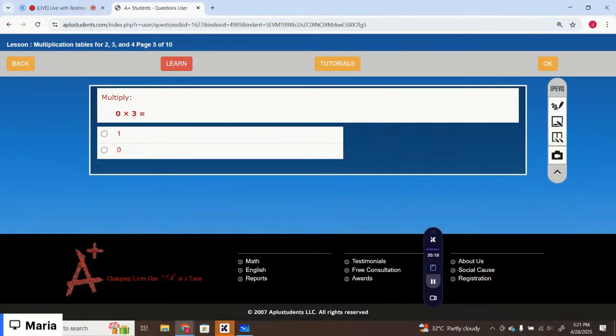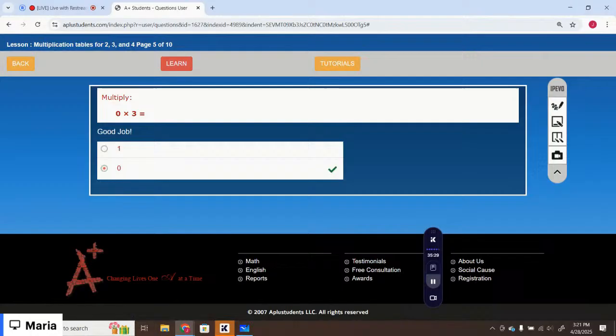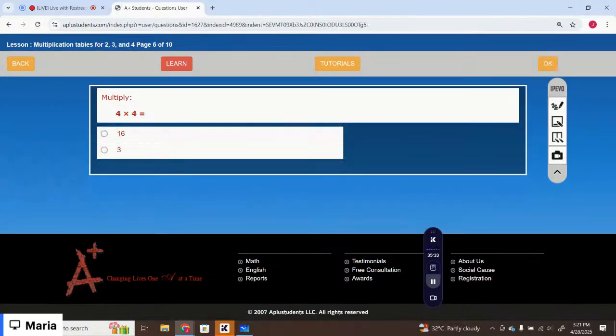0 times 3 is 0. Option number 2 is the correct option. That is 0. Whatever number you are multiplying with 0, the answer is 0.